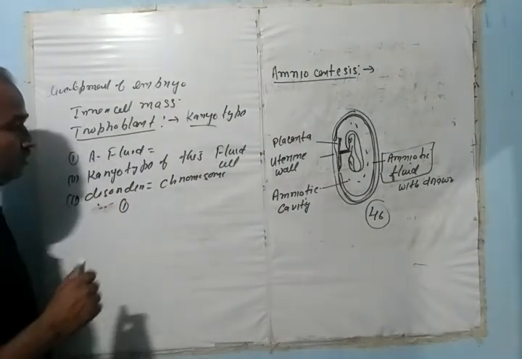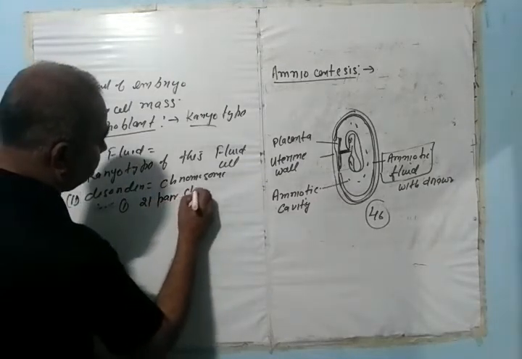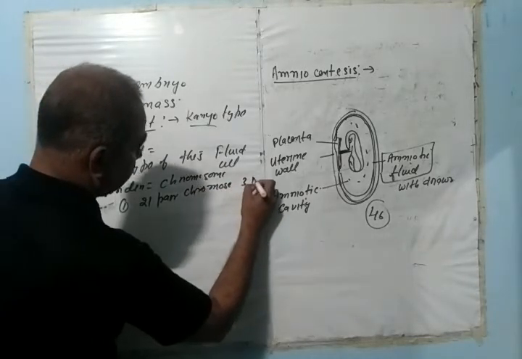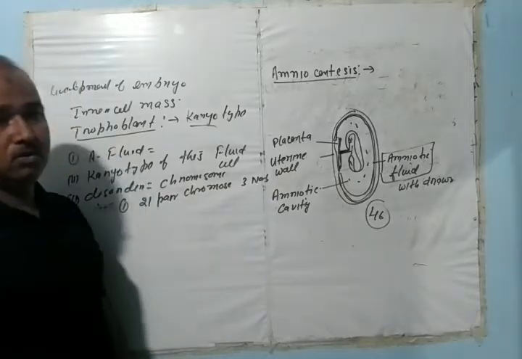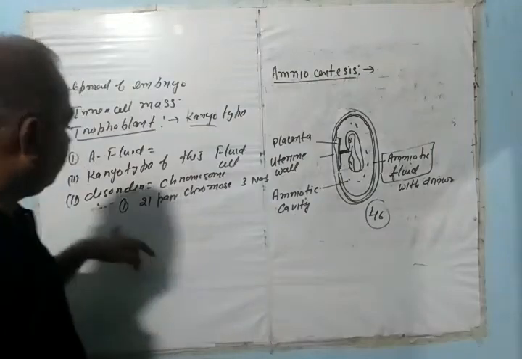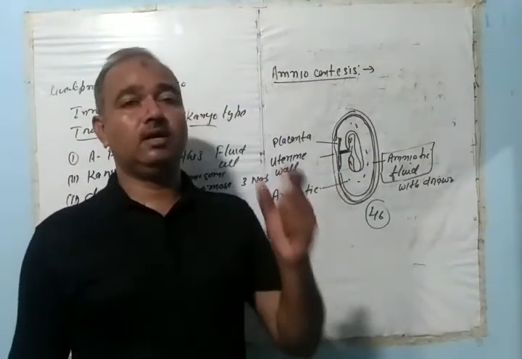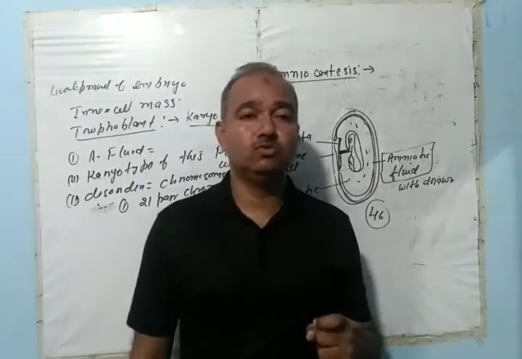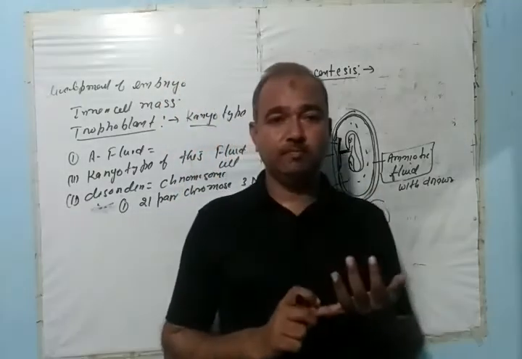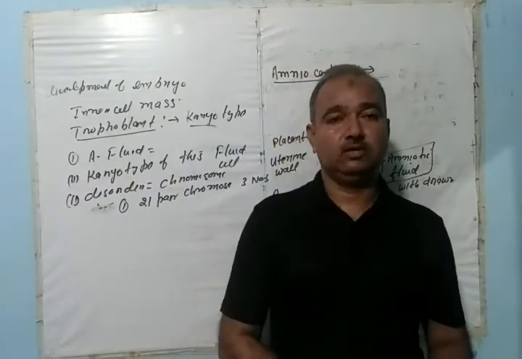First is Down syndrome, in which the 21st pair of chromosomes possesses 3 chromosomes instead of 2. So with the help of amniocentesis, we can easily know whether the developing child is normal or abnormal in reference to chromosomal disorders, whether it is Down syndrome, Turner syndrome, or Klinefelter syndrome.